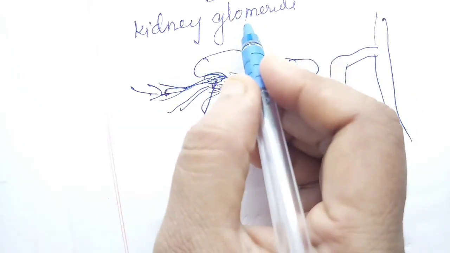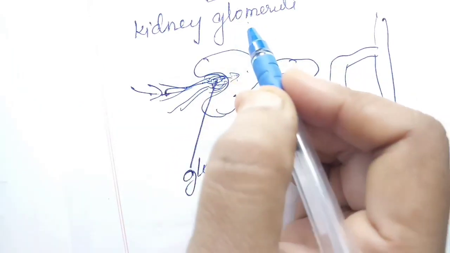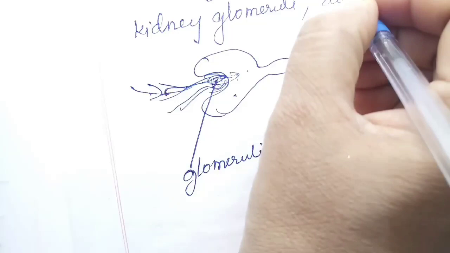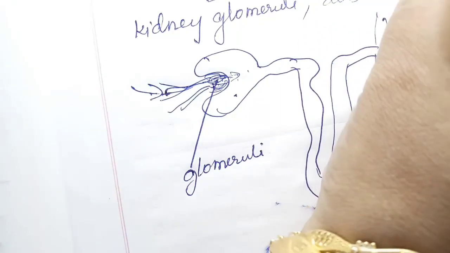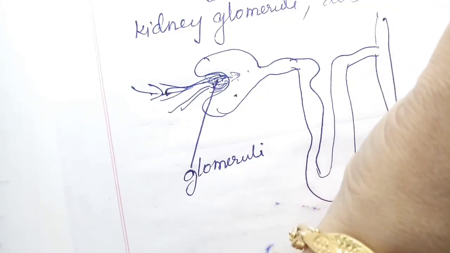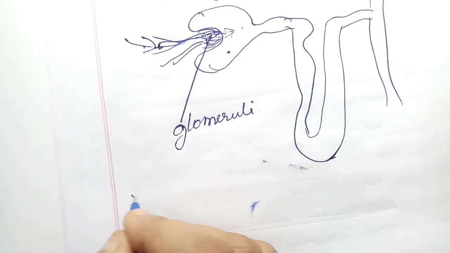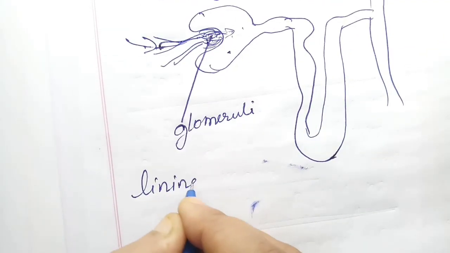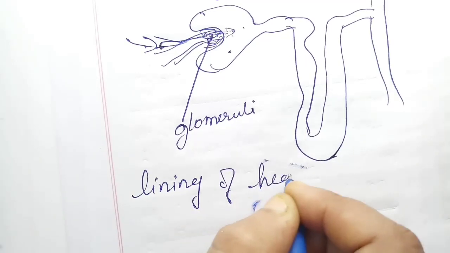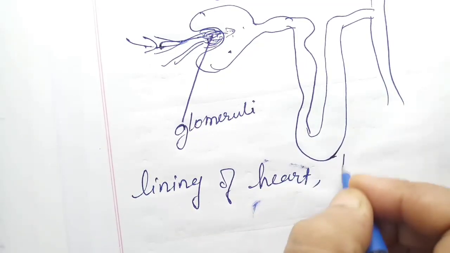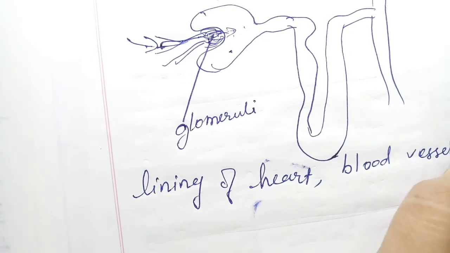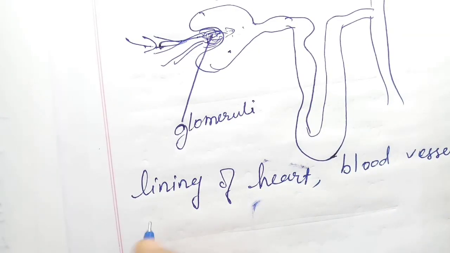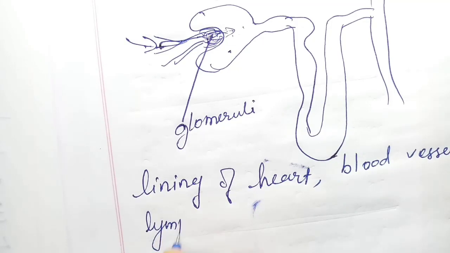So, kidney glomeruli, air sacs of lungs, lining of heart, blood vessels and lymphatic vessels.